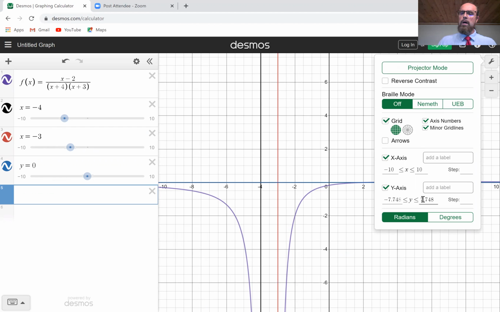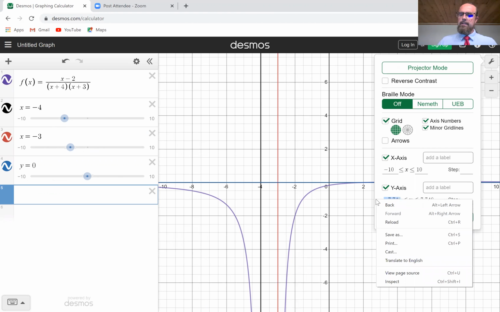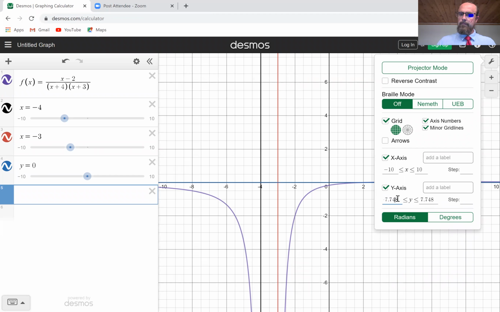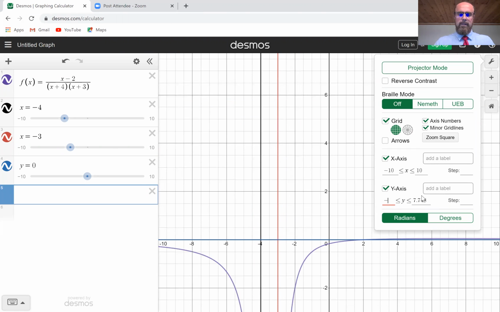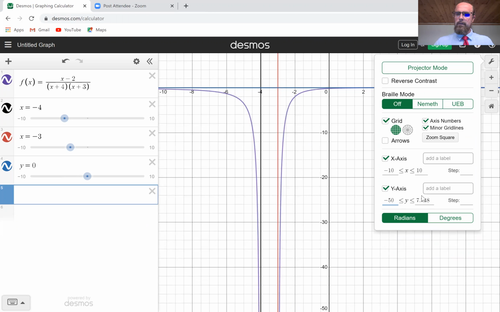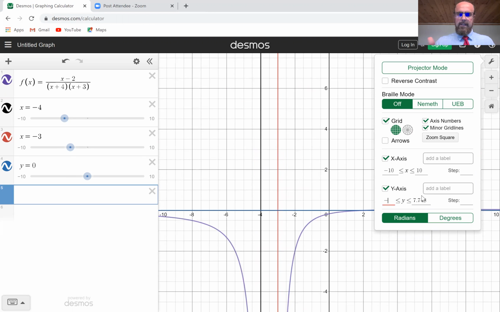I don't see anything in between -4 and -3, but I think if I were to increase my y minimum, let's increase it to -30. We'll keep going, -50. So if you investigate and you aren't finding something, go to the other side.